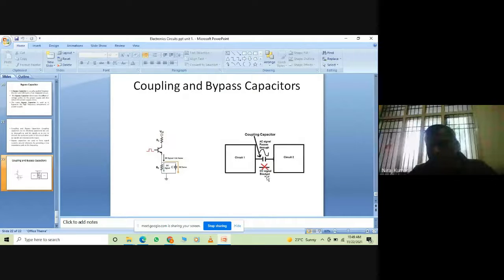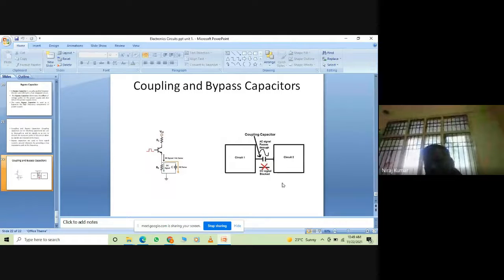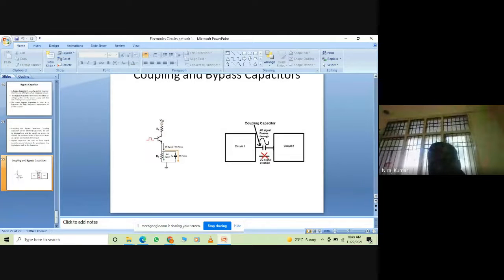So we can see here the DC signal blocking on this particular side. So these are the effects of the coupling and bypass capacitors used in multi-stage amplifiers. So we can stop the DC signals in between circuit 1 and circuit 2.